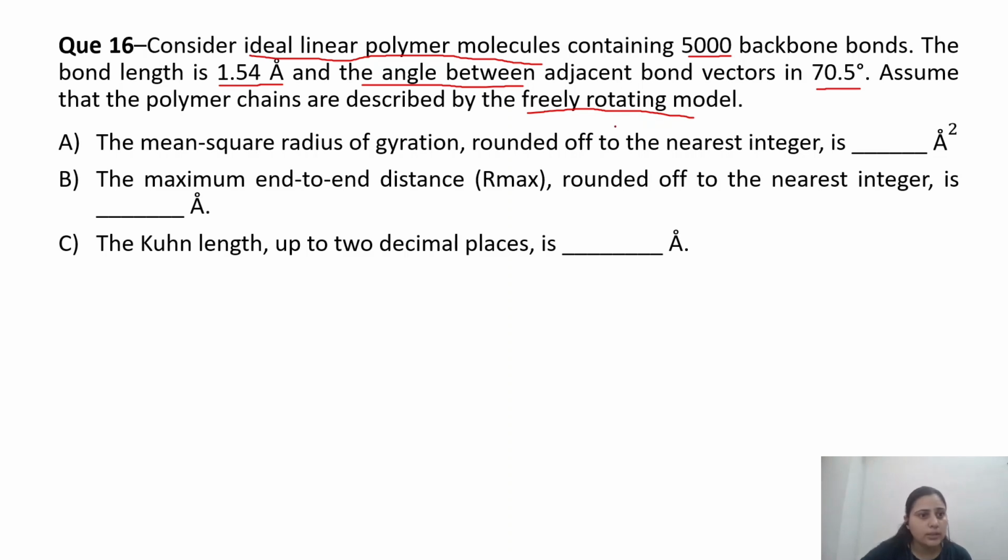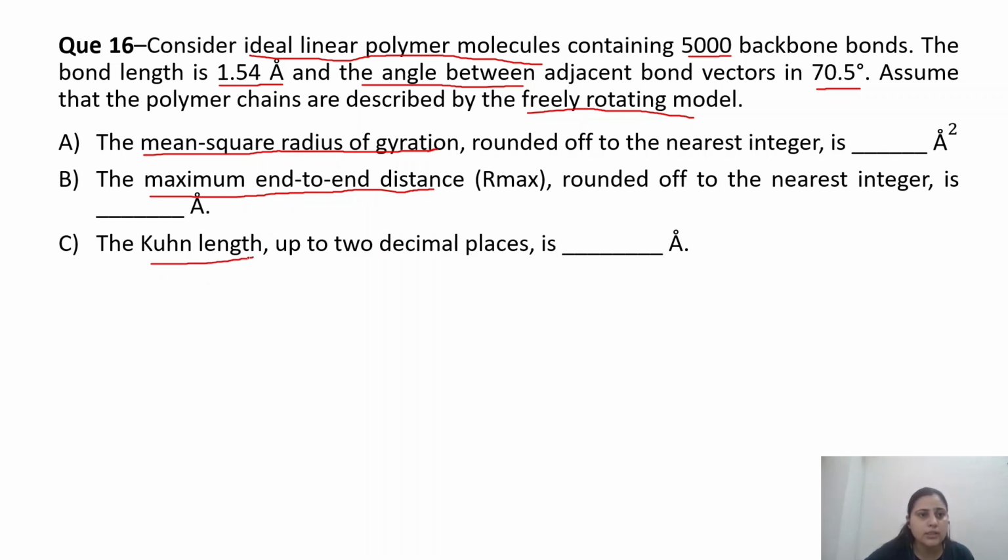Now let's discuss the subsections of the question. Part A asks about the mean square radius of gyration value, part B asks about the maximum end-to-end distance, and the third part asks for the contour length value.